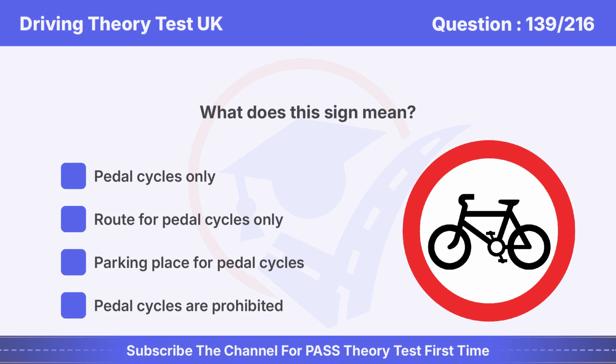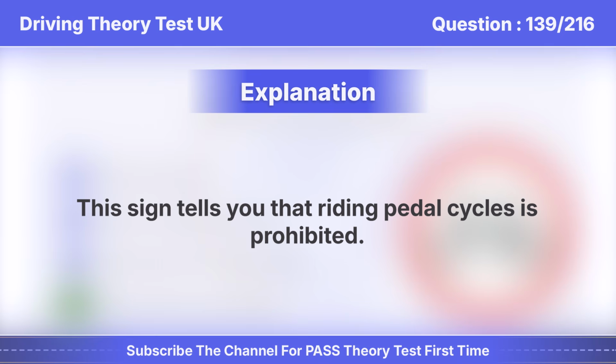Question 139. What does this sign mean? Answer is D. Pedal cycles are prohibited. This sign tells you that riding pedal cycles is prohibited.